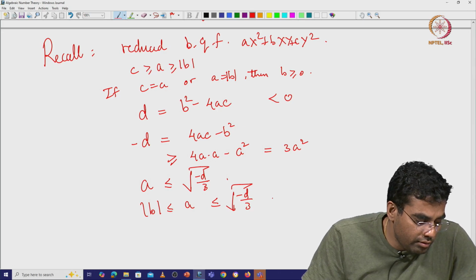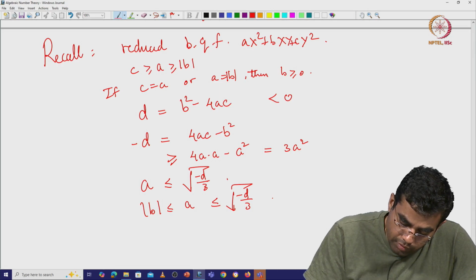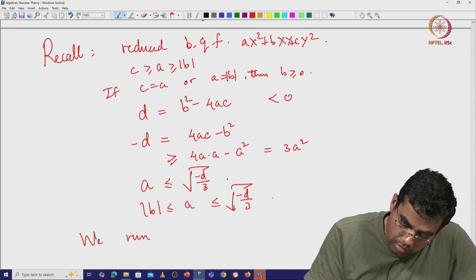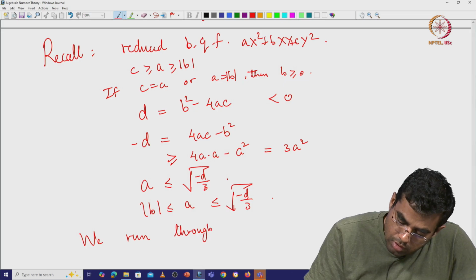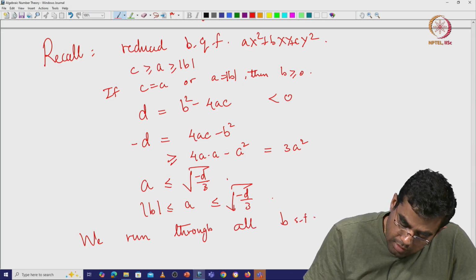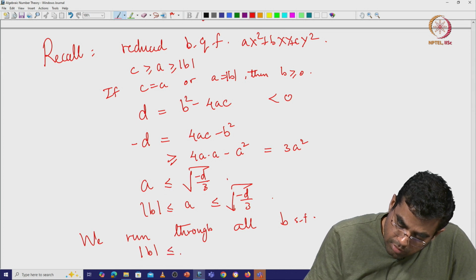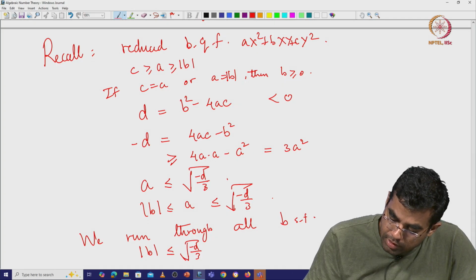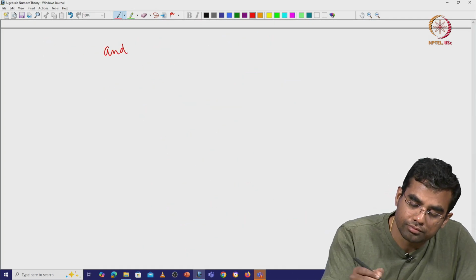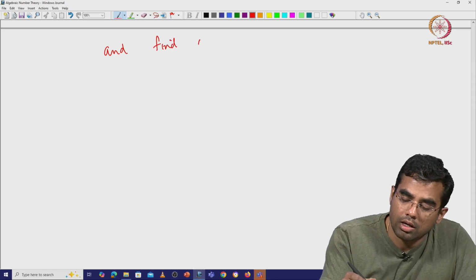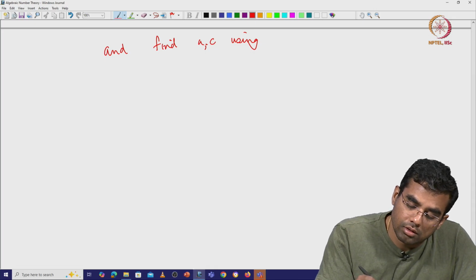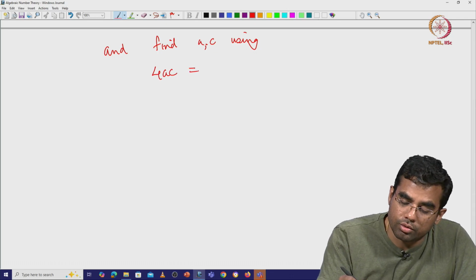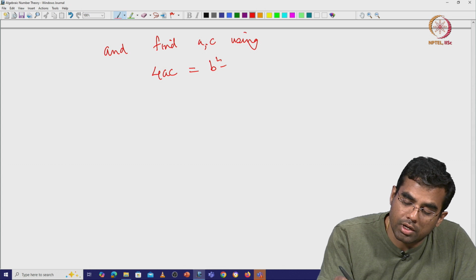So, what we do is we run through all b's such that mod b is less than or equal to the square root of minus d by 3, and find a and c using 4ac equal to b squared minus d.